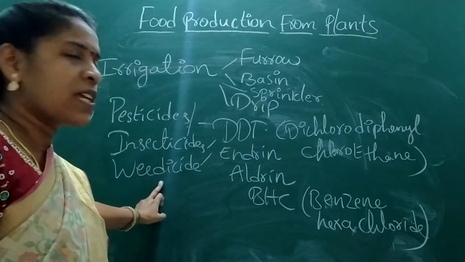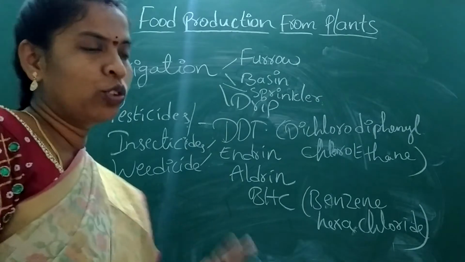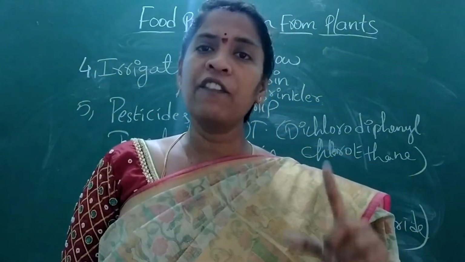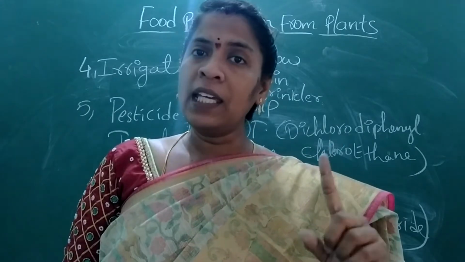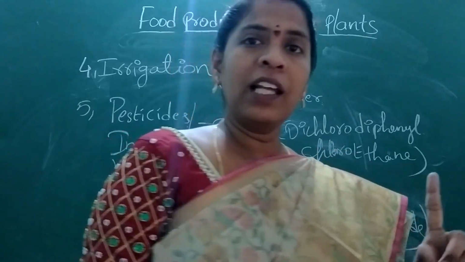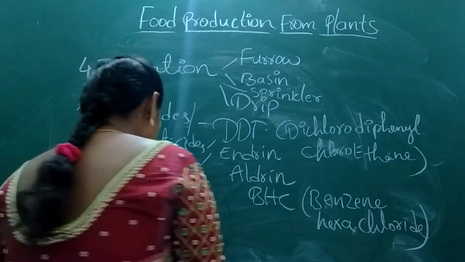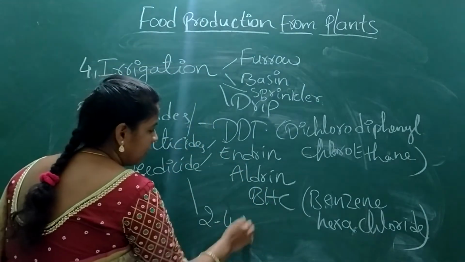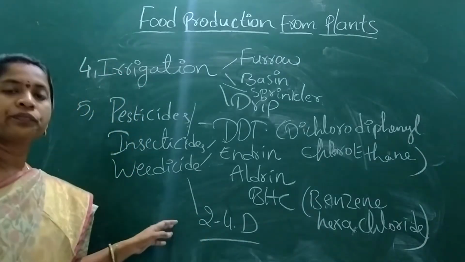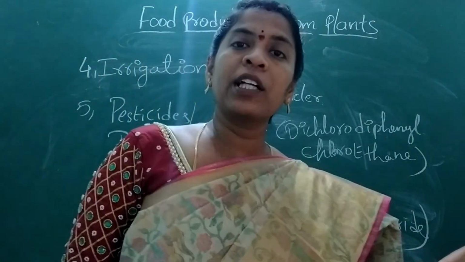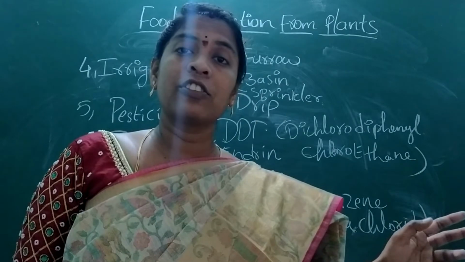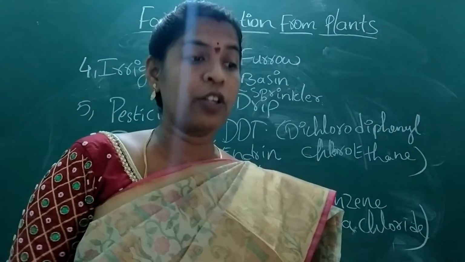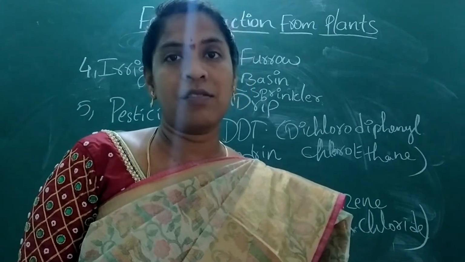Then what about weedicides? For weedicides, we have two types of plants, monocotyledon and dicotyledon. Mono means single cotyledon, di means double cotyledon. Basically, weedicides are used for dicotyledon plants, especially 2,4-D. 2,4-D is a chemical used to control weeds and unwanted plants which grow in between the plants.